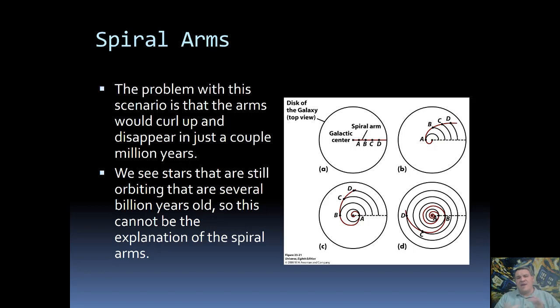The exact same thing would happen to these spiral arms if they were held together by gravity. After just a couple million years, all of the spiral arms would be wound up into the center of the galaxy. Well, we know that our solar system is around 5 billion years old. We also know we're not at the center of the galaxy, so this idea doesn't work. It was a great first pass, I love the idea, but it's not right.